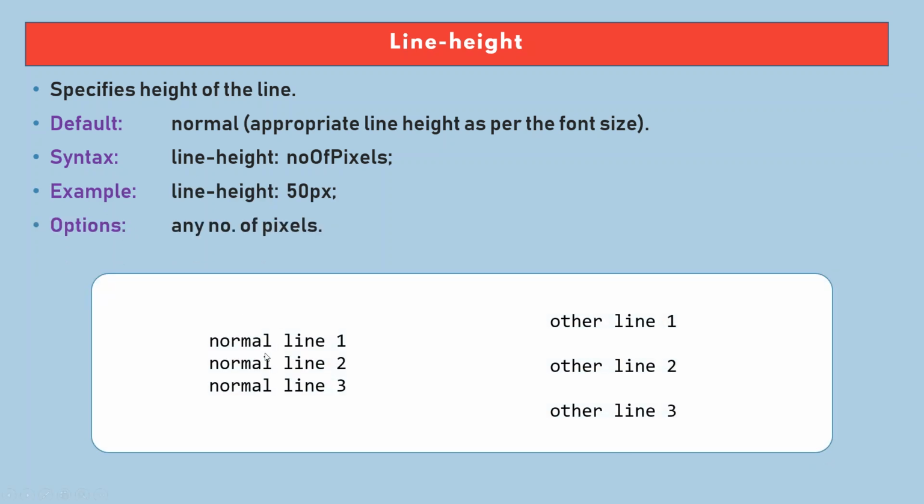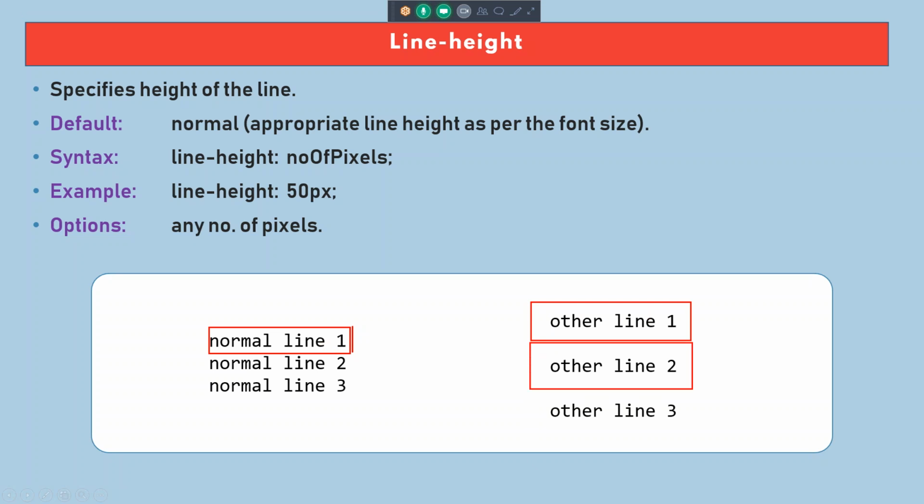For example, there is a line of text, right? So this height is nothing but line height. You can take any text line. For that, the height of the line is nothing but line height. If you increase it, it looks like this. Suppose this is one line, this is the second line, this is the third line. Like this, we can increase the height of each line. So some more space will come between the lines.